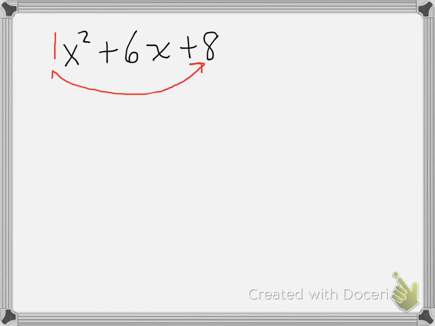What about if I had x squared plus 6x plus 8? Again, I'm looking for something that multiplies to the combination of these two. Right now, we're just dealing with the leading coefficient of 1, and that's all we do in 76D.